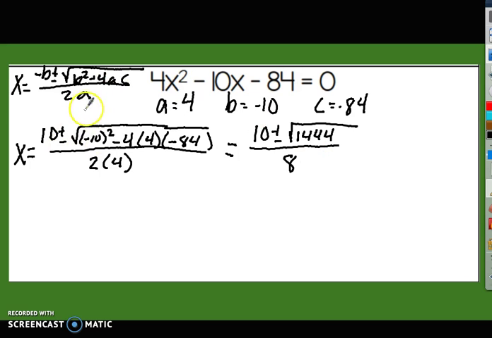And we can double check this. This would be 100. And then 16 times 84 is 1,344. So together, 1,444.